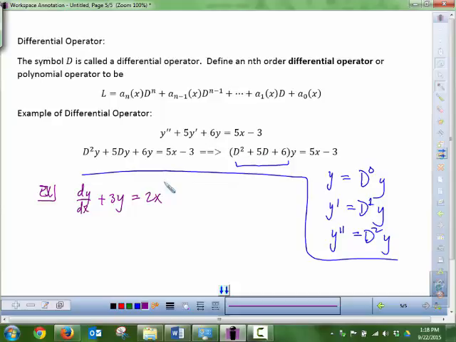You can write this in D notation as Dy plus 3y is equal to 2x.